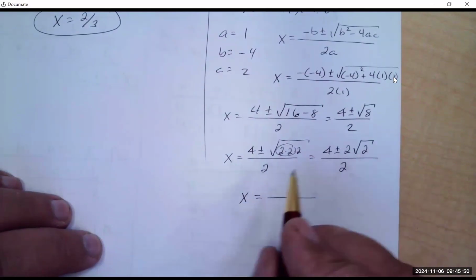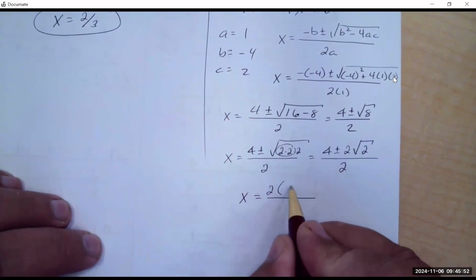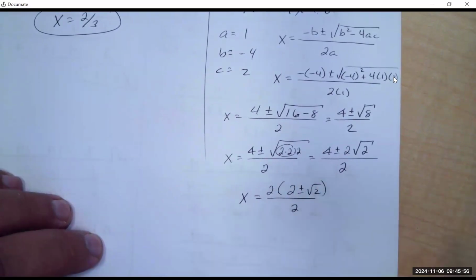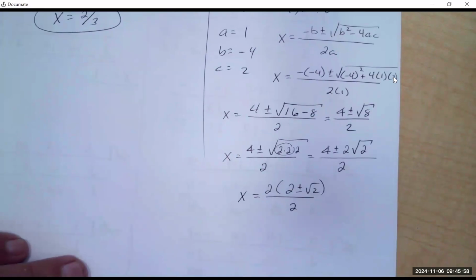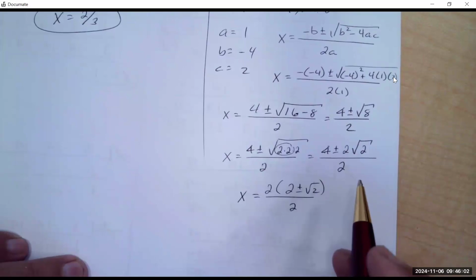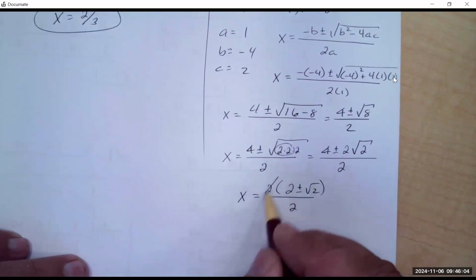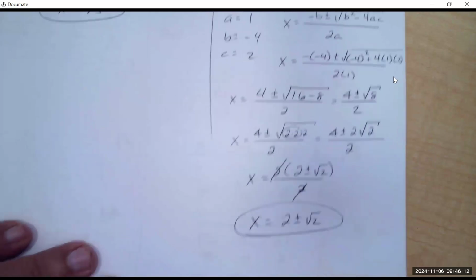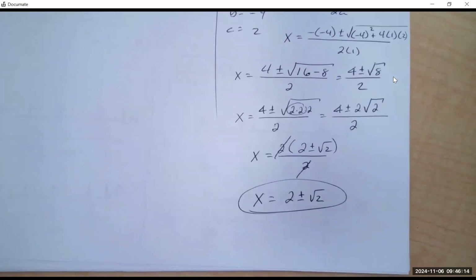Now, on top, they both have a factor of 2. 4 is made up of 2 times 2, and 2 is 2 times 1. I factor out 2. The 2's cancel, so my last two x-intercepts are those.